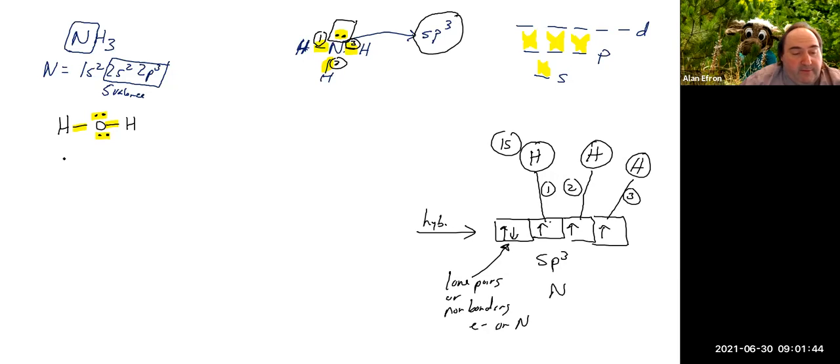sp3 hybridized, the oxygen that's there. And if we look at the oxygen, which is 8, 1s2, 2s2, 2p4, this is going to be our 6 valence electrons for our oxygen.